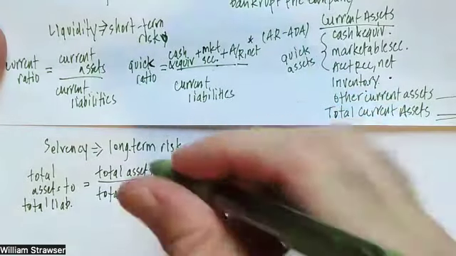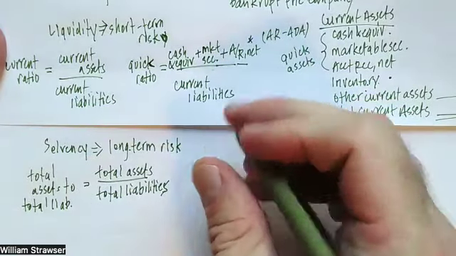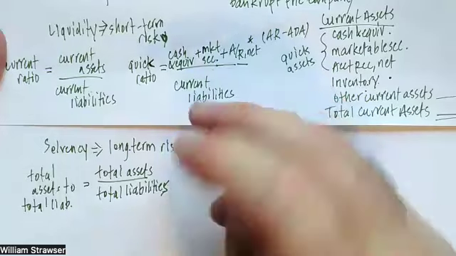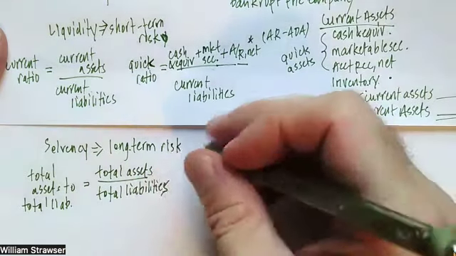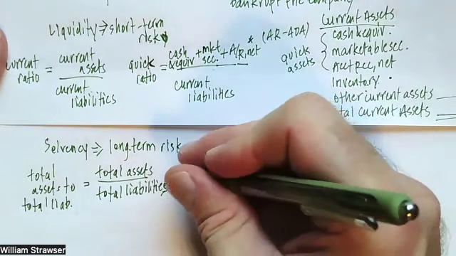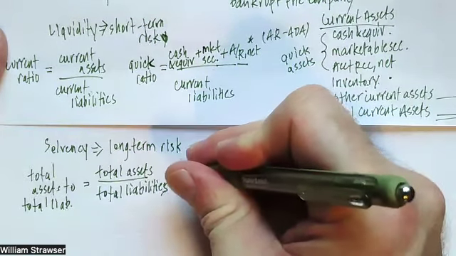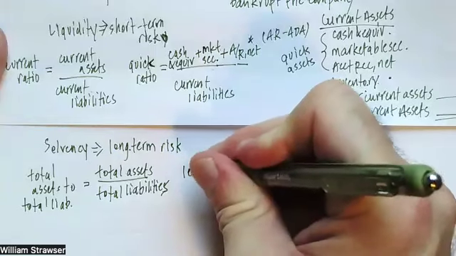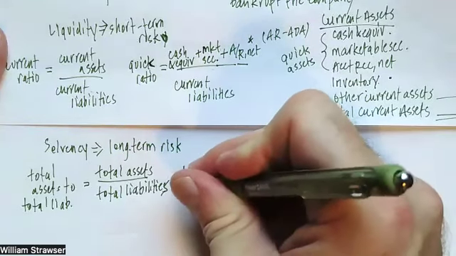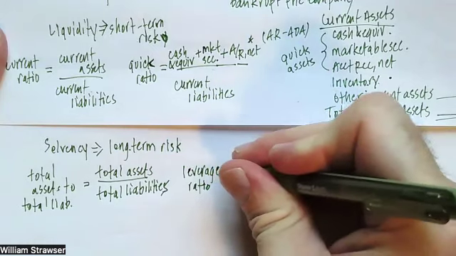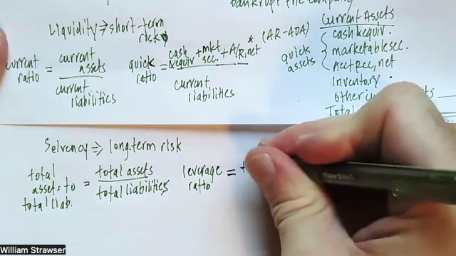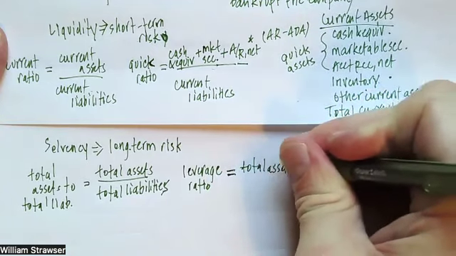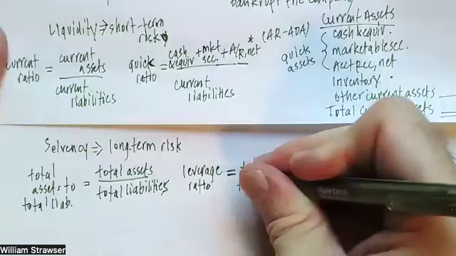And then the other sort of solvency ratio we get into, there's a couple different ways that people capture it. I'm going to take a little bit of a finance spin and talk about the leverage ratio, or how the company is levered. And that tends to not actually involve liabilities, but is total assets divided by total equity.